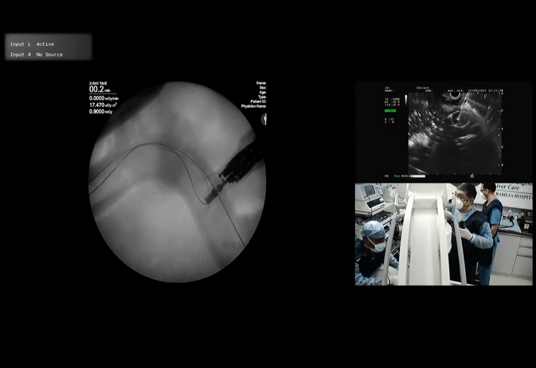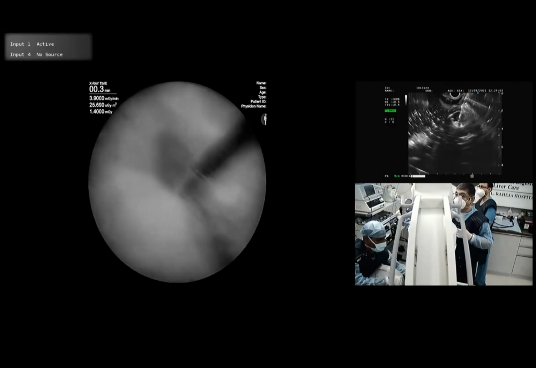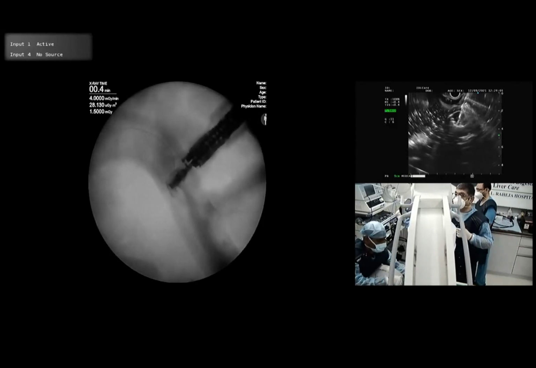Flush a little. Yes. So you see the scope direction is good. It is going just towards the hilum. And we can of course always change direction now that we have fluoro.